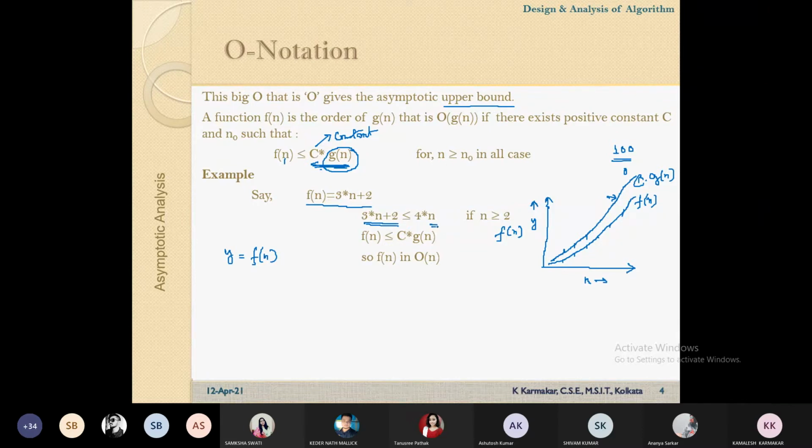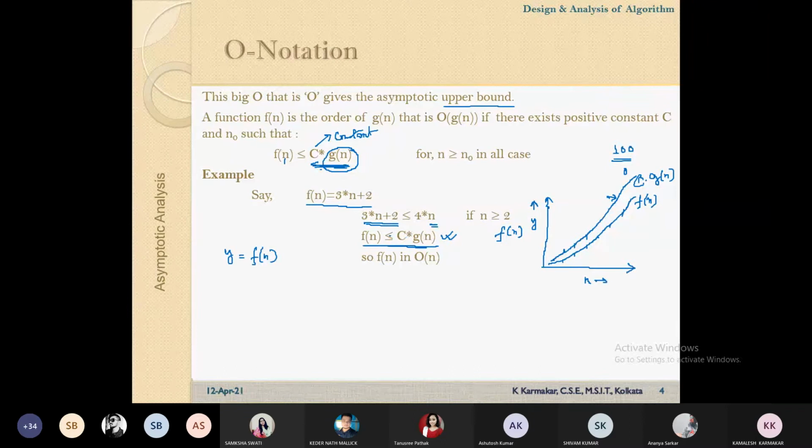Let us assume that g(n) equals n, and we multiply it with 4. Then we will calculate whether it is satisfied or not. We want to establish that this relationship is valid for this given function.